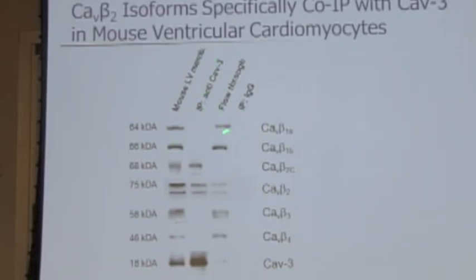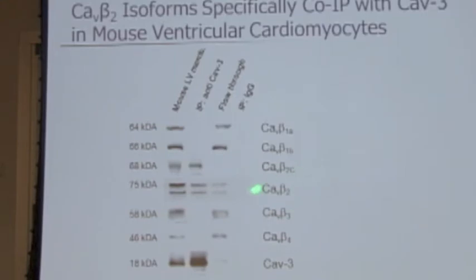It all came through in the flow-through and the lysate. If we added beta 1B, we could see immunoreactivity in the flow-through and the lysate, but not with the anti-caveolin 3 immunoprecipitation. Or if we used an antibody to beta 2C, we could start to pull down some Cav3 here, suggesting there may be an association.